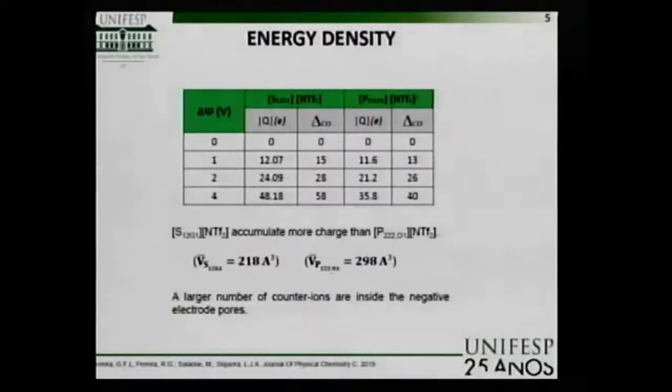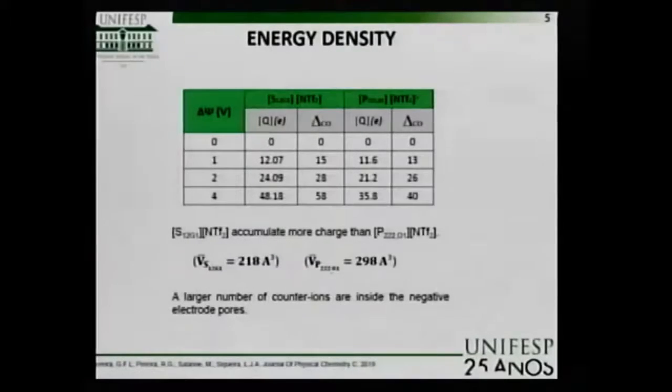So first of all, we have here the accumulated charge on the negative electrode for both supercapacitors. We can see that in the supercapacitor with the sulfonium ionic liquid, the accumulated charge is always larger than the accumulated charge on the phosphonium-based supercapacitor.